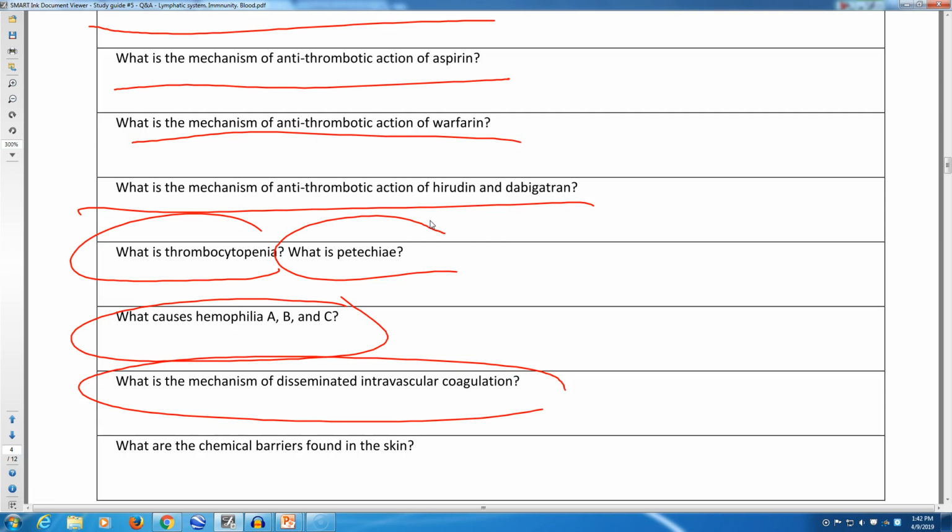No, you don't need to know which factors. But say if I ask you, is that a platelet deficiency or clotting factor deficiency or vitamin K deficiency? Say, that's specifically clotting factors. Okay, does that make sense?